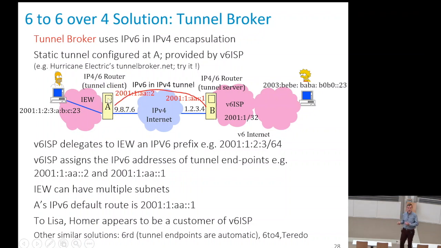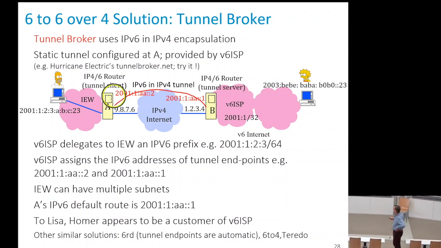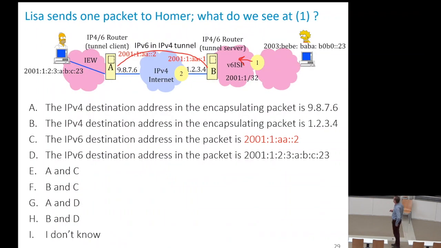And it's the same as what we did before, except now the outer packets will be IPv4 packets that will carry IPv6 packets. So it's exactly like before when we had Homer's network with two private set of IP addresses. Here they're not private, they're IPv6, and they are carried over a tunnel, which is the IPv4 packets carrying IPv6 packets. So this is, I would say, the most standard solution that is used.